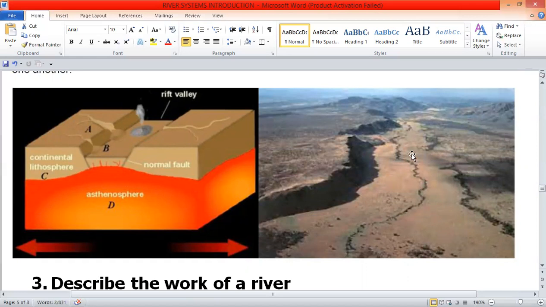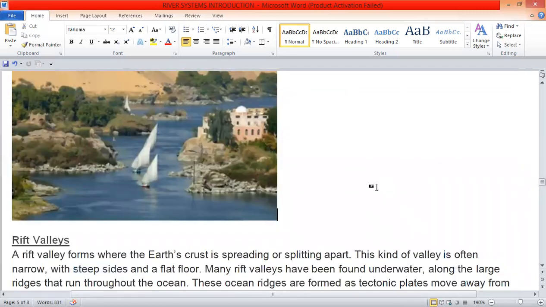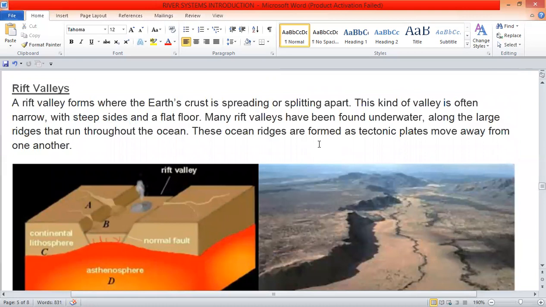Here, you can see this fault line, the separation, which means this side is being pushed this way and the other side of the crack is pushed that way. It has formed this valley right here. Okay, so those are the valleys that you have to know about rivers.